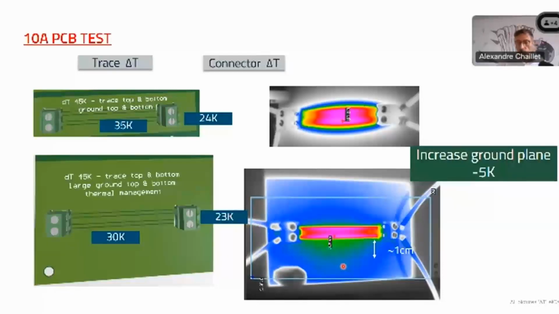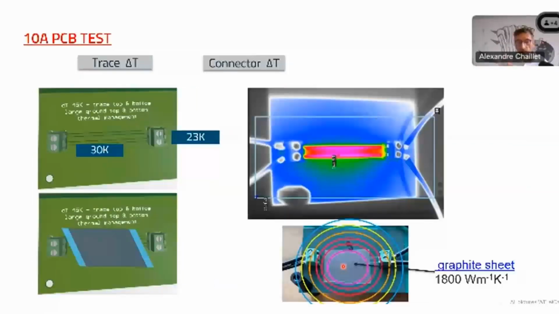But there is one way to increase the thermal dissipation with a big ground layer or with a metal box around. This is a thermal management interface that we have in our catalog, and in that case, this is a graphite sheet. If you remember, I said that the copper thermal conductivity is 400 watt per meter per Kelvin.